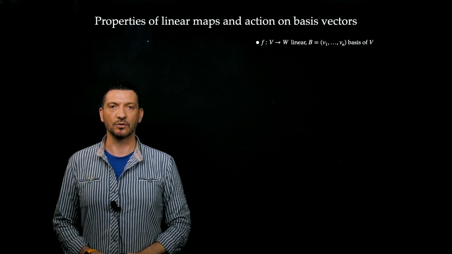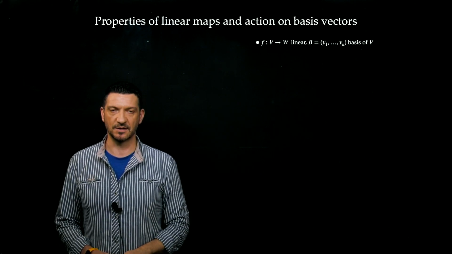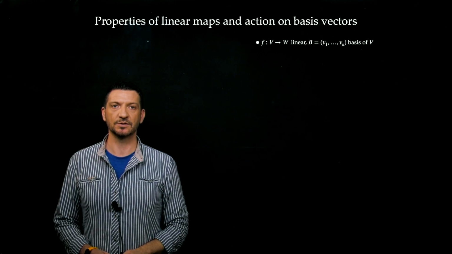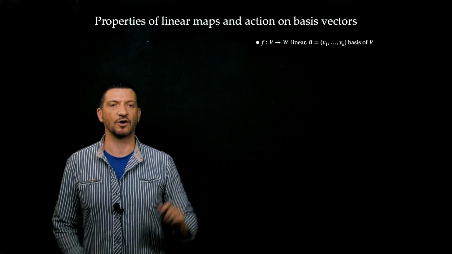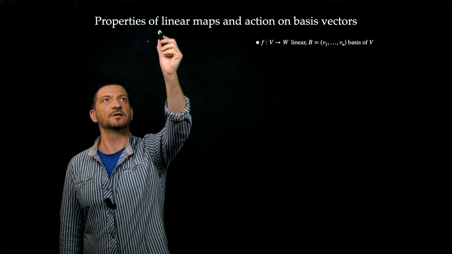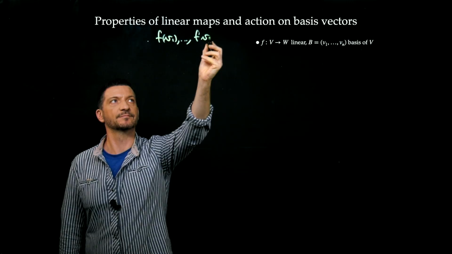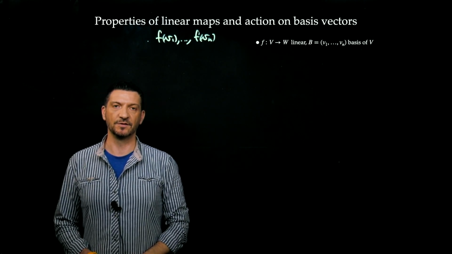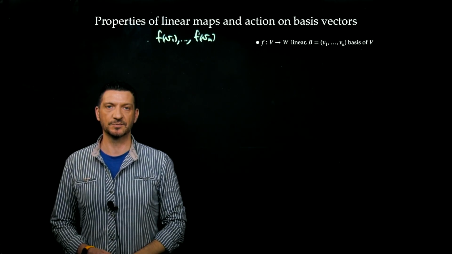We have already recalled the fact that when we have a linear map f between vector spaces V and W, then its definition is completely characterized by how f acts on the vectors of a basis of V, say V1, ..., Vn, and so by these vectors here. It turns out that not only the definition of f is characterized by these vectors here, but also its properties.